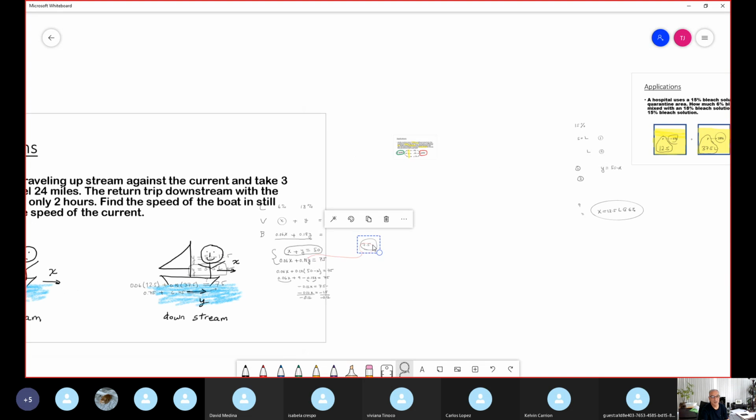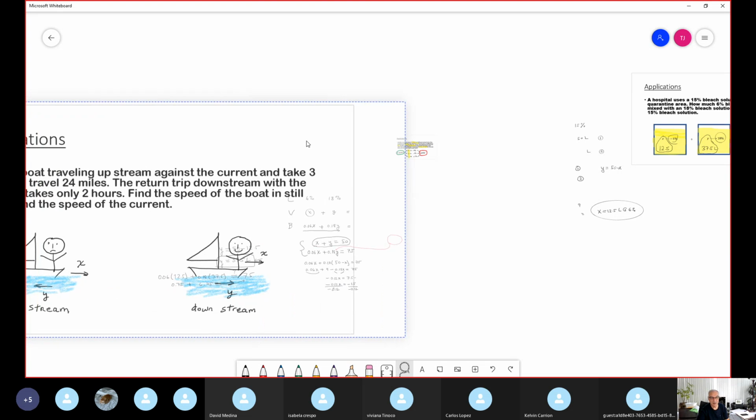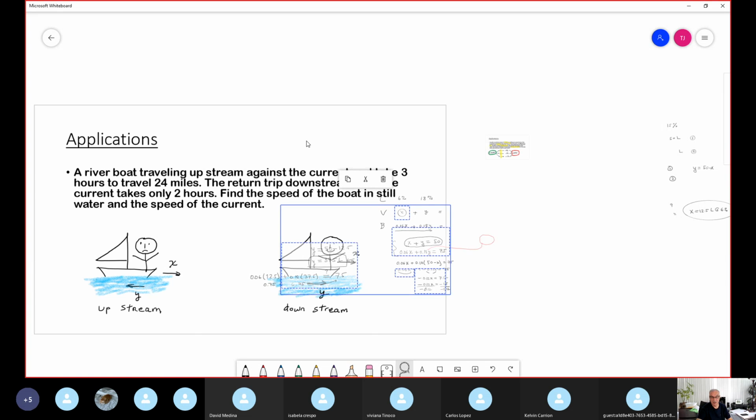Let me delete that part. Let me move this slider. No, this slider is impossible. The whiteboard is frozen. That means I can interpret that the whiteboard doesn't want to do the next word problem. Now let me see if it's working or doesn't work. No.